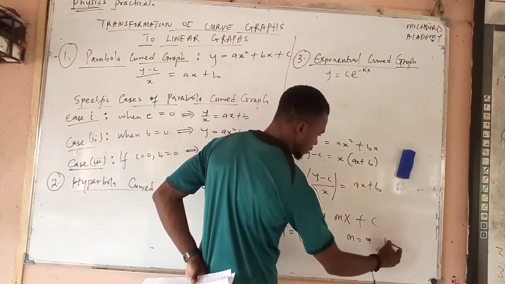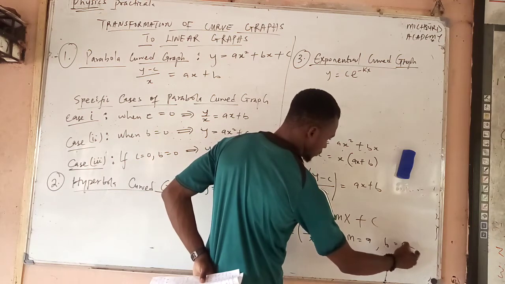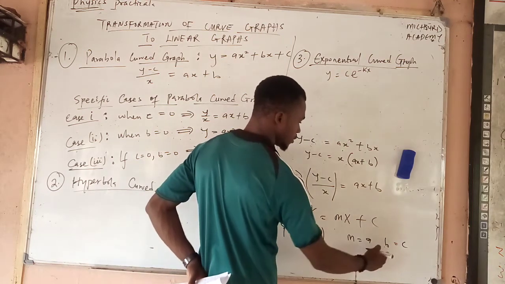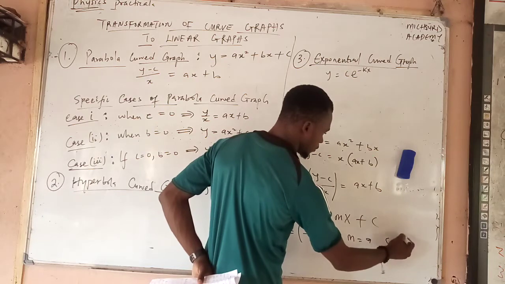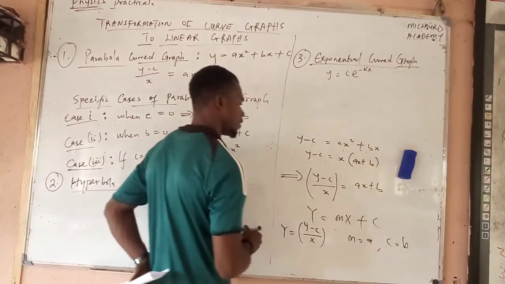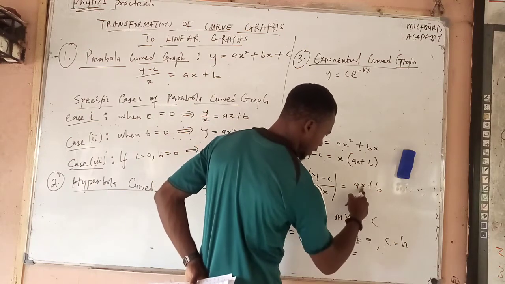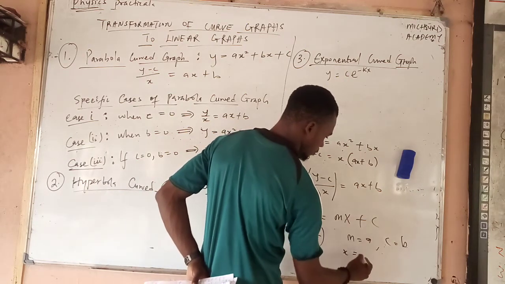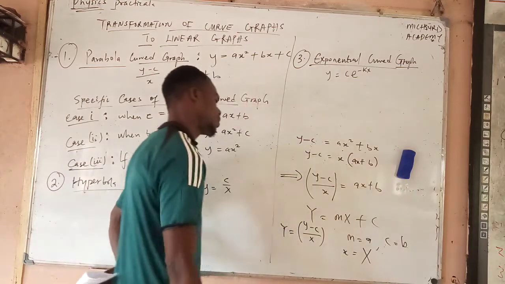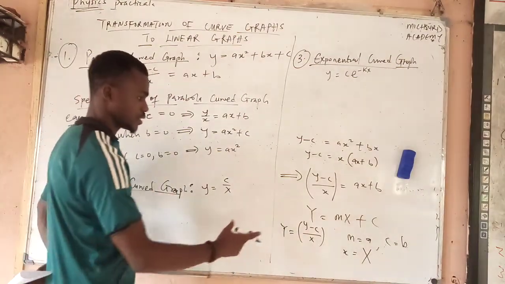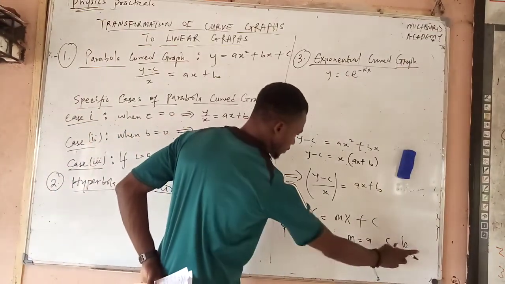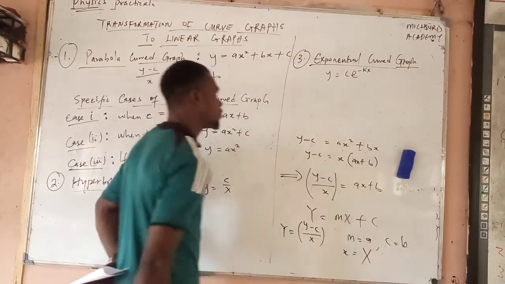Then the intercept here will be equal to b. Alright, the same thing, your x, that is this x here, will be equal to the capital X. So we have gotten our intercepts here and our slope there.